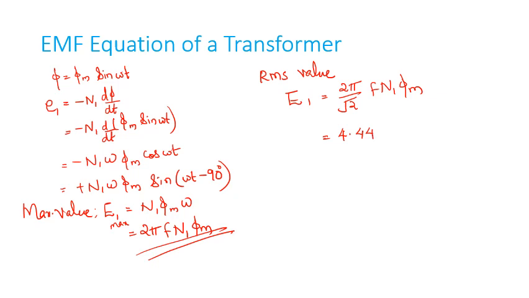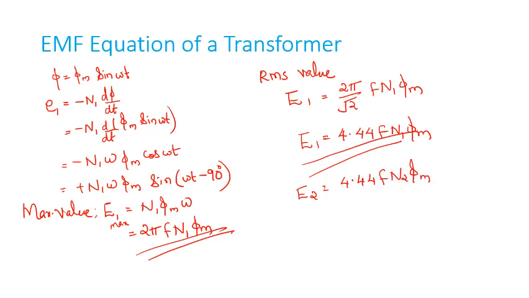4.44 f N1 phi m. This is the RMS value of the primary induced EMF E1. Similarly, the secondary induced EMF will be E2 equal to 4.44 f N2 phi m. This is known as the EMF equation of a transformer.